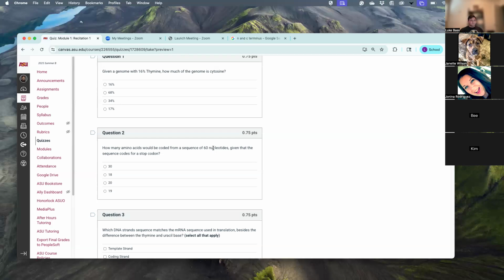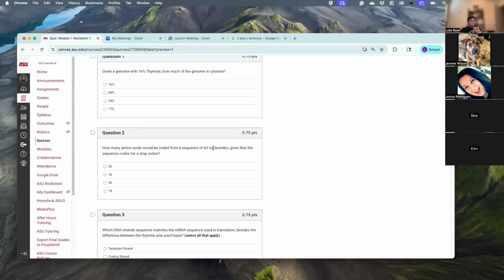So I guess you would take off three nucleotides and then divide that number by three. So you would take the number you're given minus 3 and then divide it. Yes, correct. Okay. Thank you. Yeah, of course.